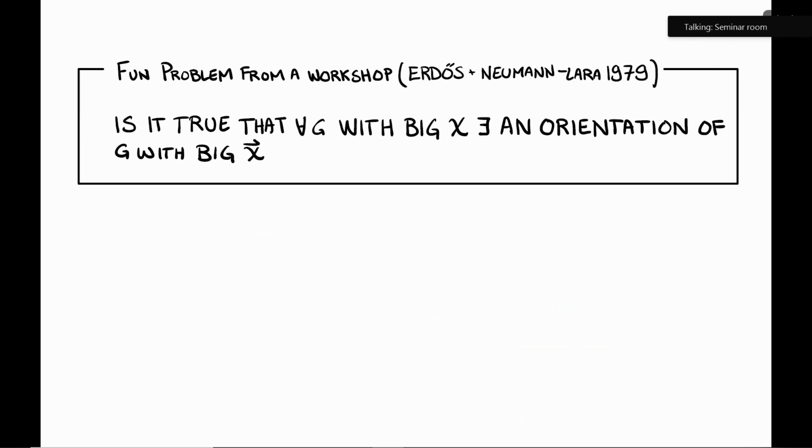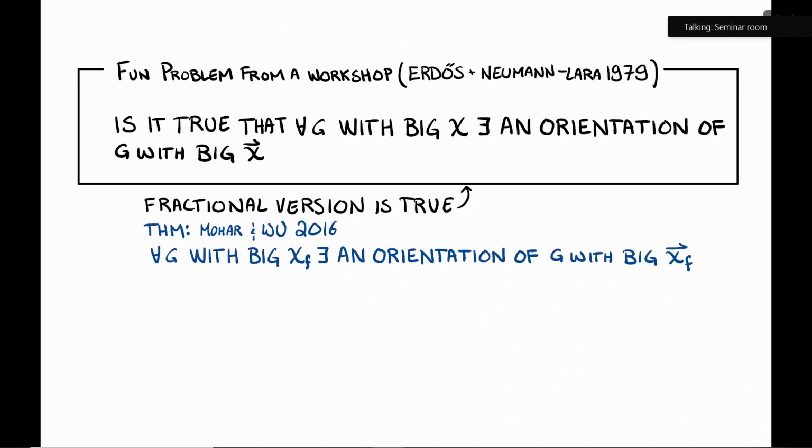And okay, I've cheated a bit. It is a fun problem from a workshop, but the workshop was in 1979, so it's likely to be hard. Though as far as I can tell, not too many people worked on it, so don't be discouraged.